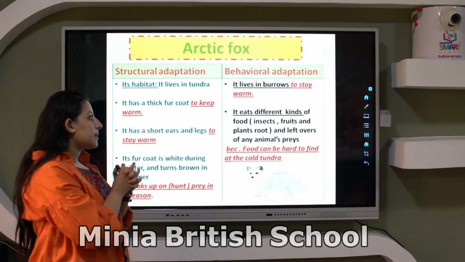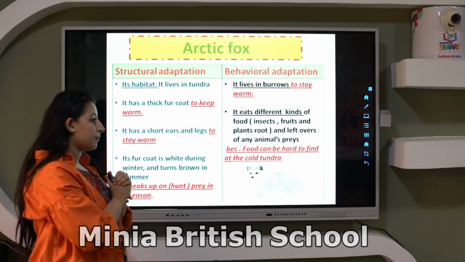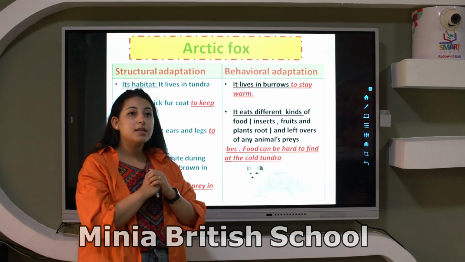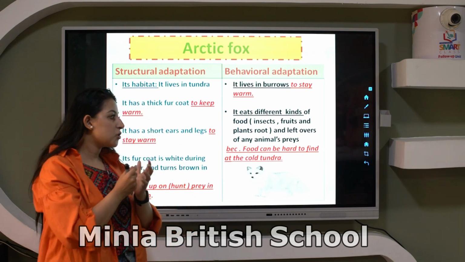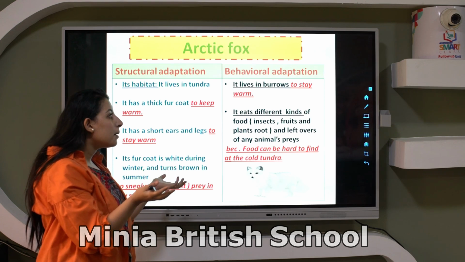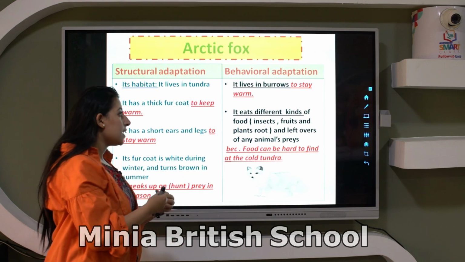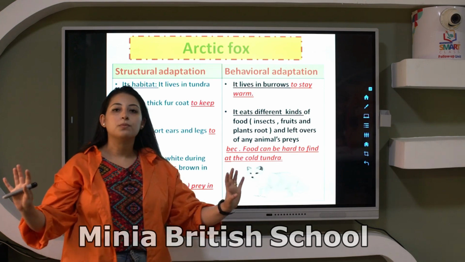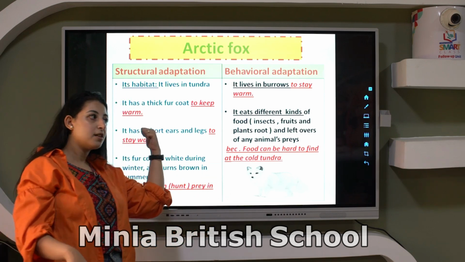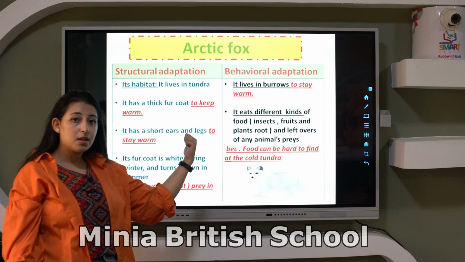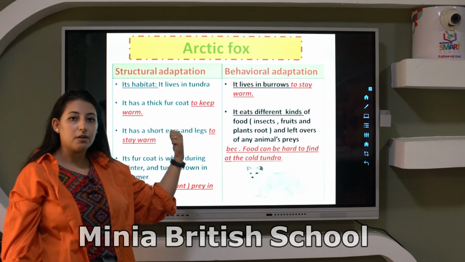What about its behaviors? The Arctic fox needs to stay warm. What should it do to stay warm in the winter season? It eats all types of food because it lives in the tundra. Tundra is a desert, so it has fewer types of plants.